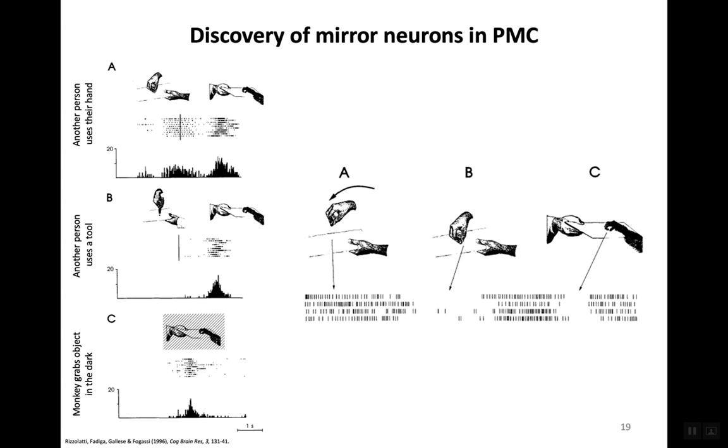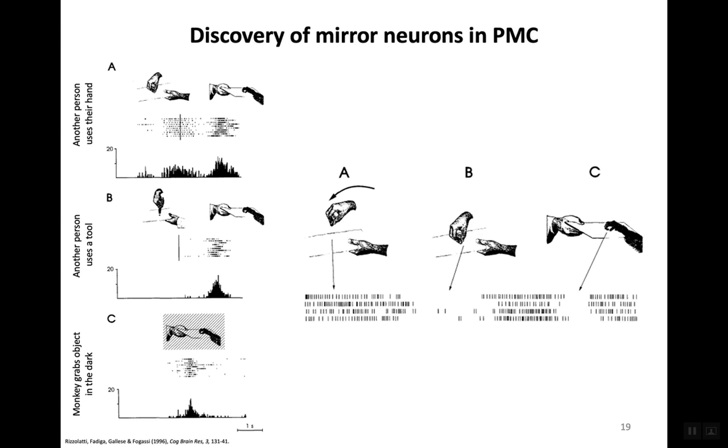Furthermore, if we look at a different type of neuron, instead of excitation, we see inhibition, in the sense that if the same human experimenter picks up a raisin from the tray, then the neuron responds by becoming relatively silent.